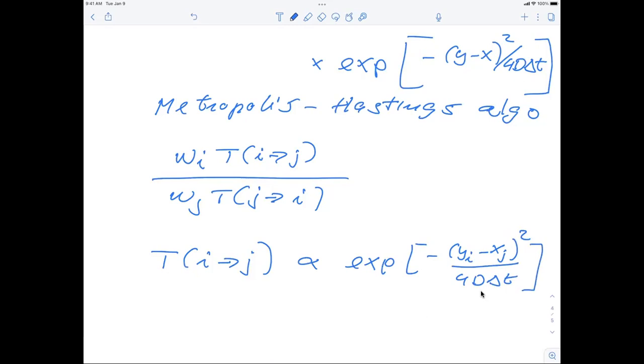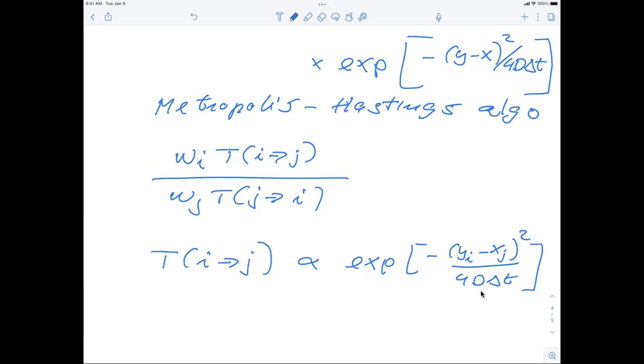So the question I'm going to ask you now is, what I could do is the following. I could assume that my random walkers jump or have a transition probability given by the solution of the diffusion equation with just the kinetic energy operator. This solution has a nice analytical form, and I could actually plug this into my Metropolis-Hastings algorithm.